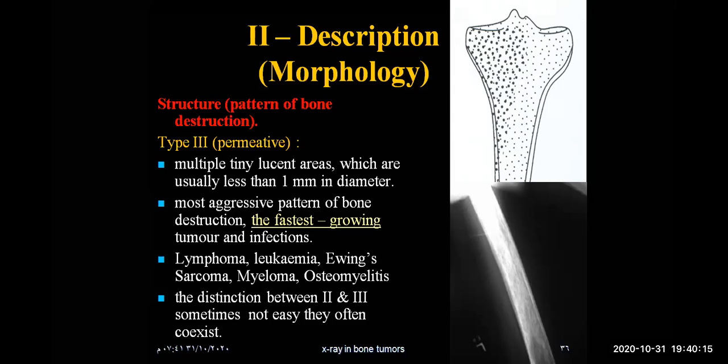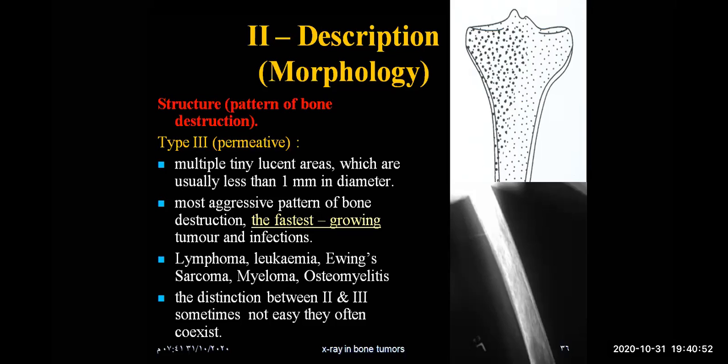But it implies a very important issue, which is fast growth. Again, the examples are the same: lymphoma, leukemia, Ewing sarcoma, multiple myeloma, and infection. By the way, infection such as osteomyelitis can give both permeative and moth-eaten bone patterns.